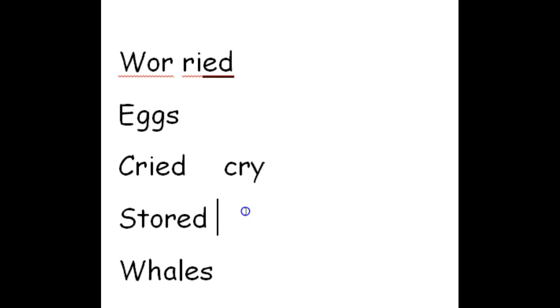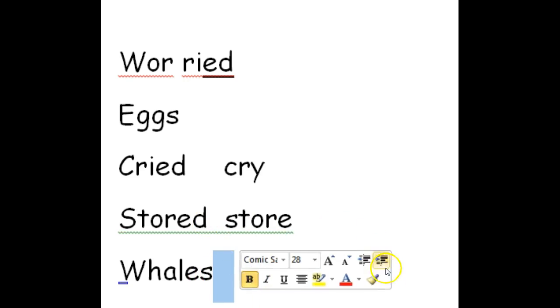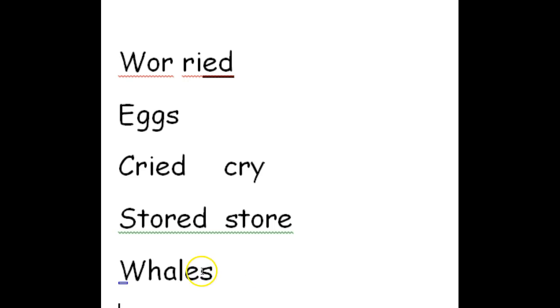Stored: the base word is store, so you needed to drop the e before you could add the ed. And whales: the base word is whale, and you needed to drop the e before you could add es.